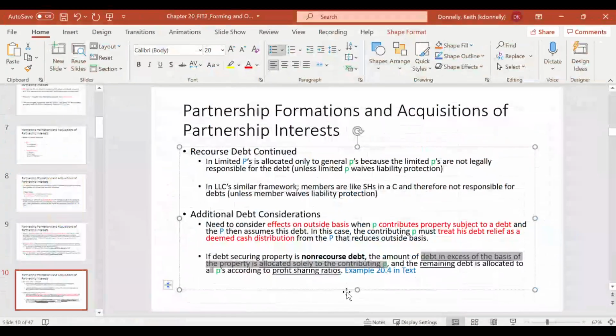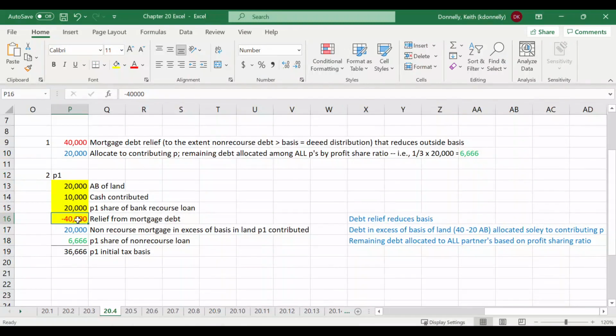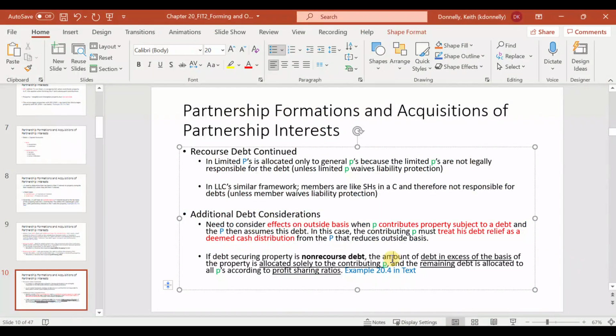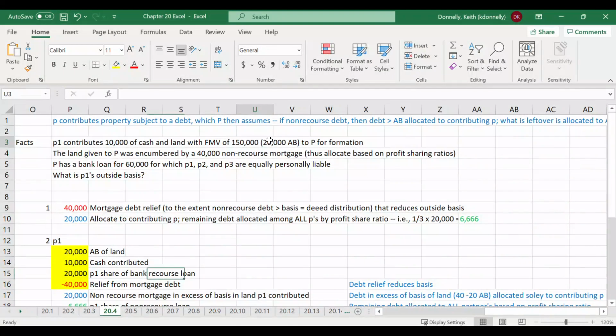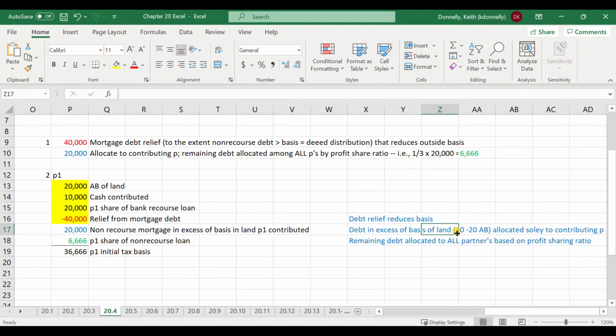So we said here that we have to treat this debt relief as a deemed distribution, and that reduces your outside basis. This is the second paragraph right here, what they're doing in these two lines. So it's a non-recourse debt. The debt in excess of the basis of the property is allocated solely to the contributing partner. Okay, so the debt in excess of the basis of the land, our basis to the partner was 20 grand. The debt is 40.